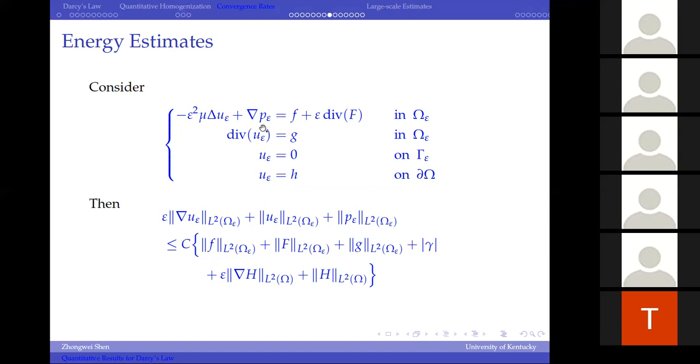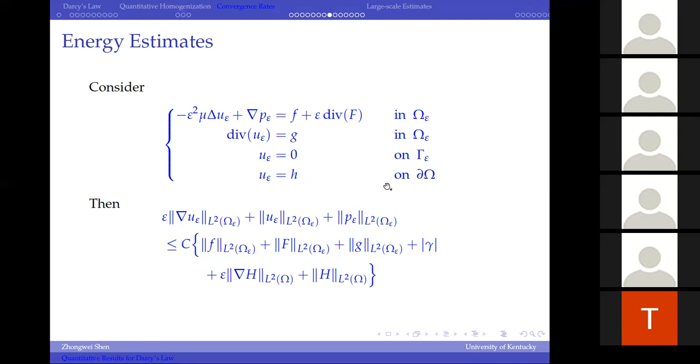So here is the energy estimate for the Stokes equation on a domain omega, and so you have F, capital F, G appeared. The capital H is an extension of little h into the domain omega. So all you do is you simply choose a capital H which agrees with little h on the boundary.